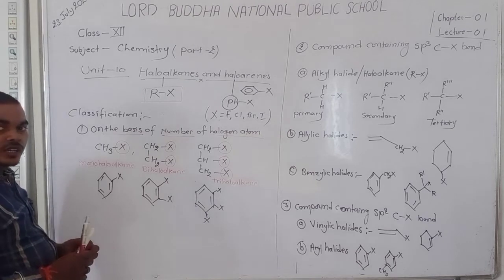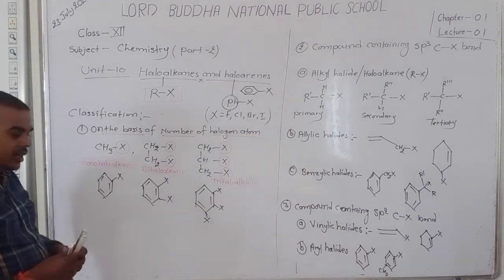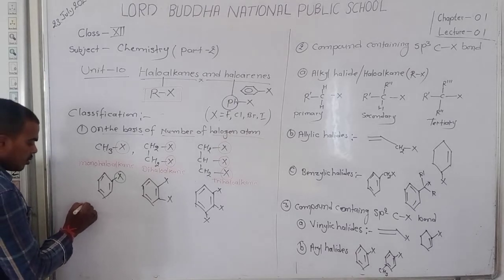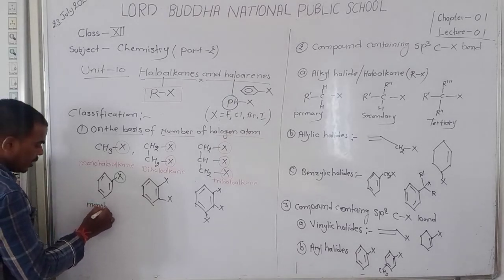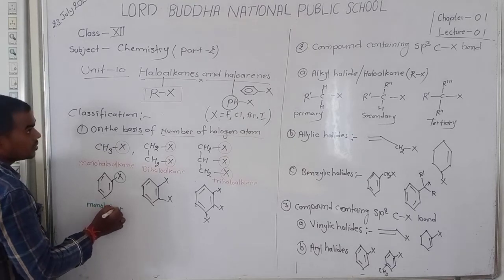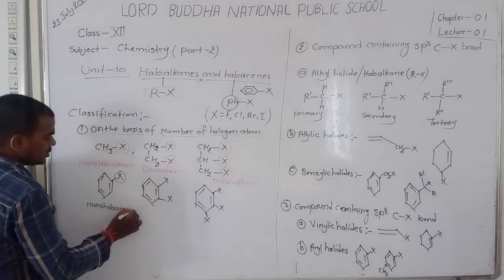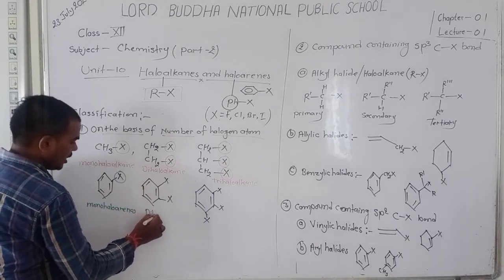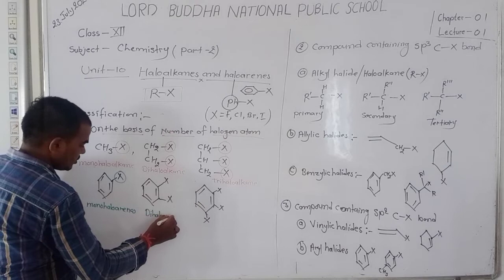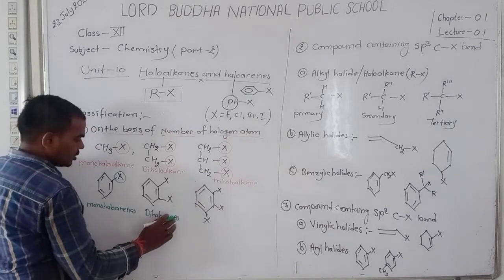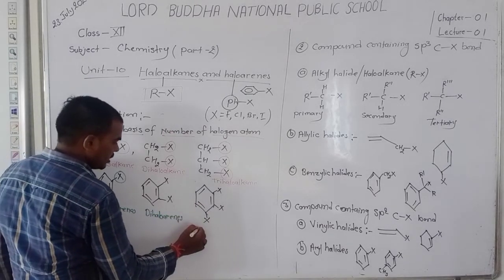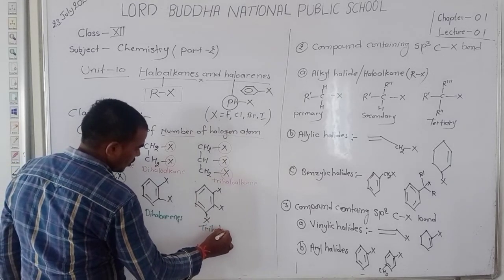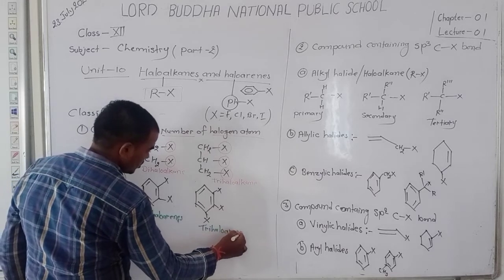Similarly, when a benzene ring or aromatic ring contains a single halogen, it is known as monohaloarene, when it contains two halogens, dihaloarene, and when it contains three halogens, trihaloarene.